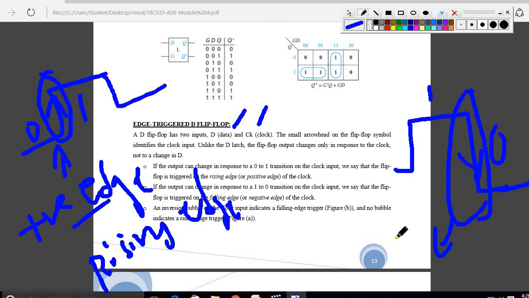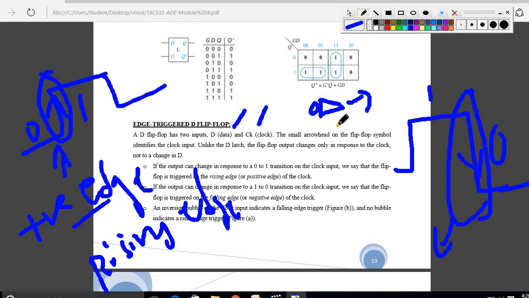So these are the two types of edge triggering. There is a symbolic representation for them. It will be like an arrow mark. If it is like this, it is a positive edge or rising edge. If there is a bubble behind that arrow mark, I need to say this is a falling edge or else a negative edge.